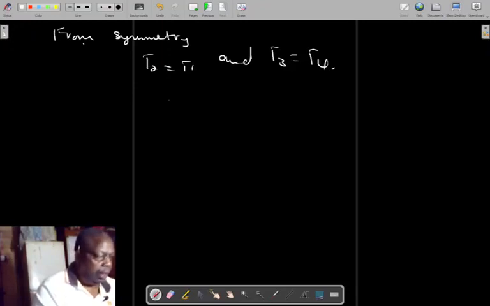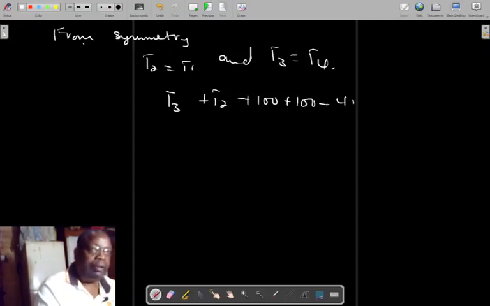So we can take the equation, this one, T3 plus T2, plus 100 plus 100, that is the last equation, minus 4T4 is equal to 0.